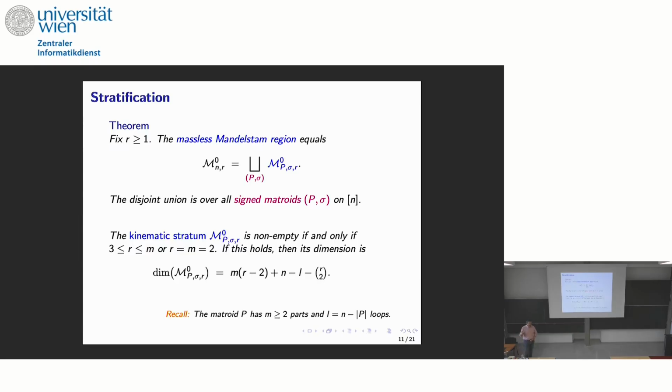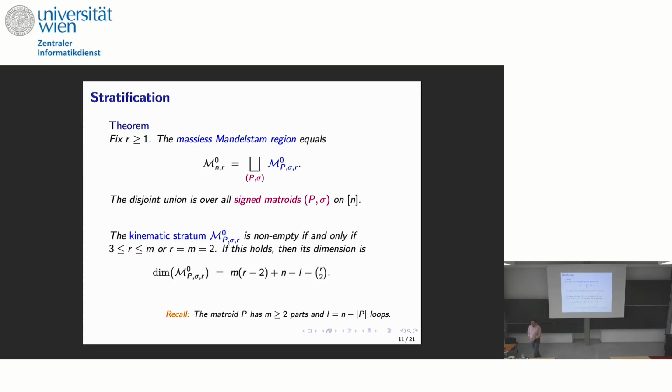So if the rank is between 3 and M, then we're okay. Or R and M are both 2. There's a simple combinatorial condition on the rank and on the number of blocks, and that's if and only if this semi-algebraic set, which I call a kinematic stratum, is actually non-empty.